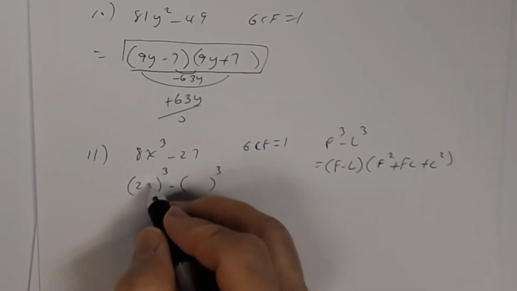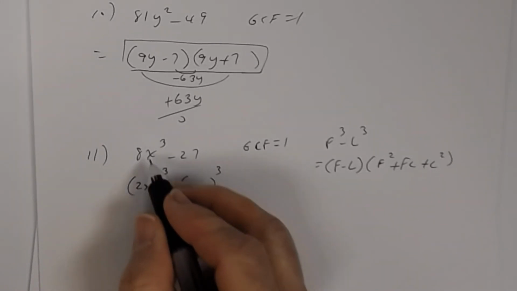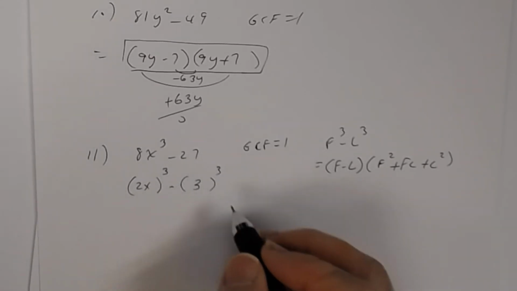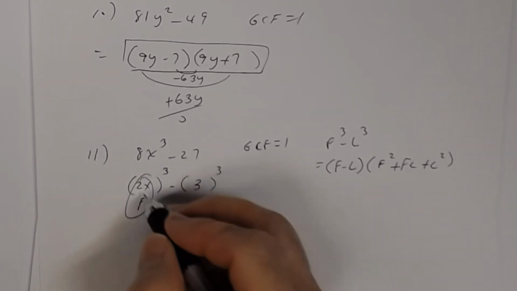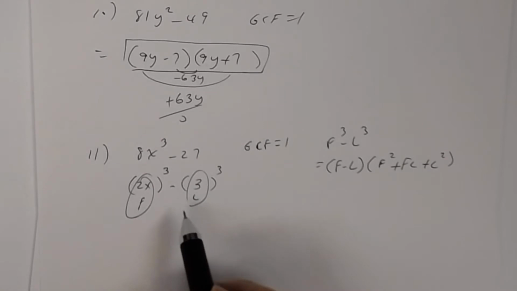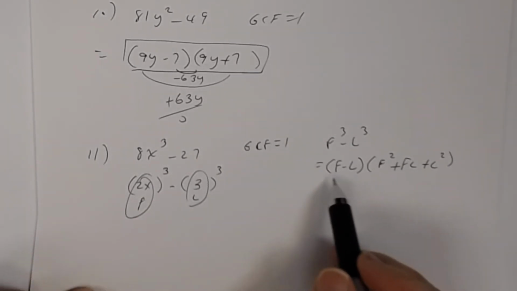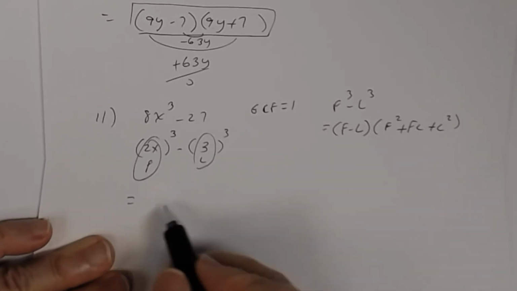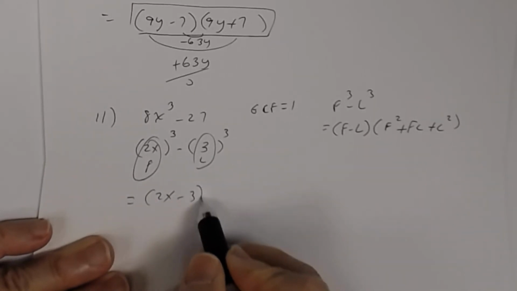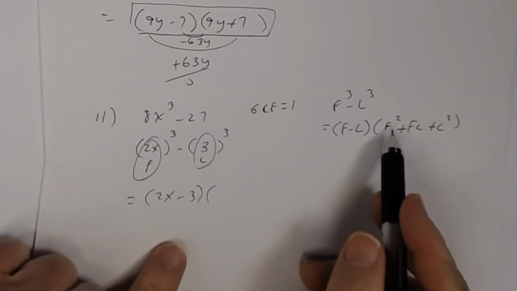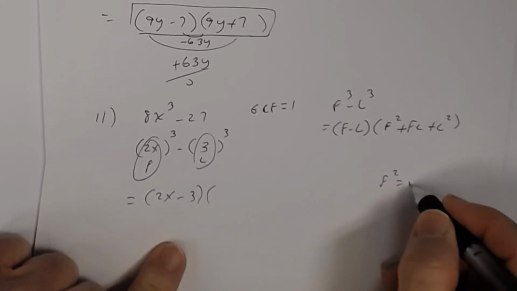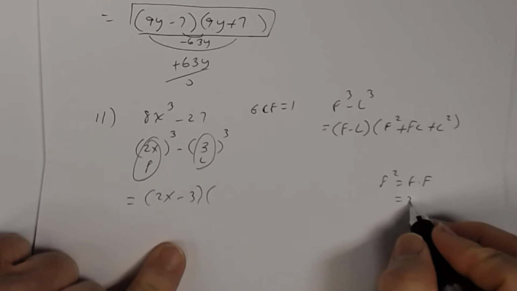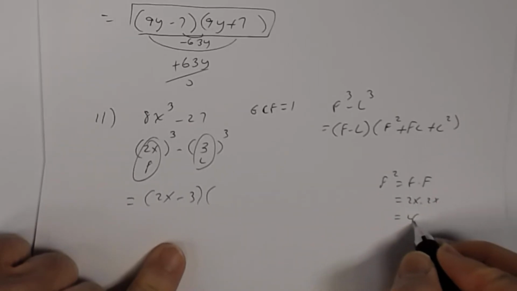So 2x times itself 3 times is 8x cubed. 3 times itself 3 times is 27. So this is your F, and this is your L. And so it's just a matter of taking F and L and plugging it back into your formula. So you're going to get F minus L, so 2x minus 3, times, now remember, F squared is F times F, and F here is 2x, so 2x times 2x is 4x squared.